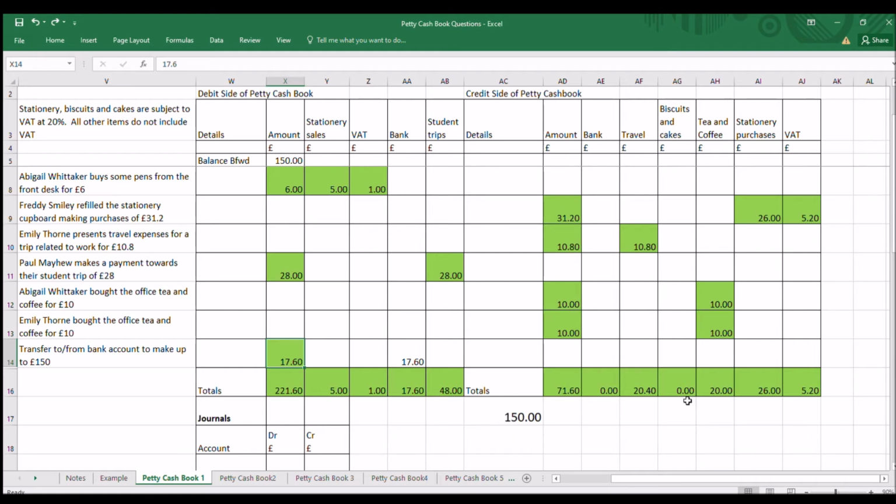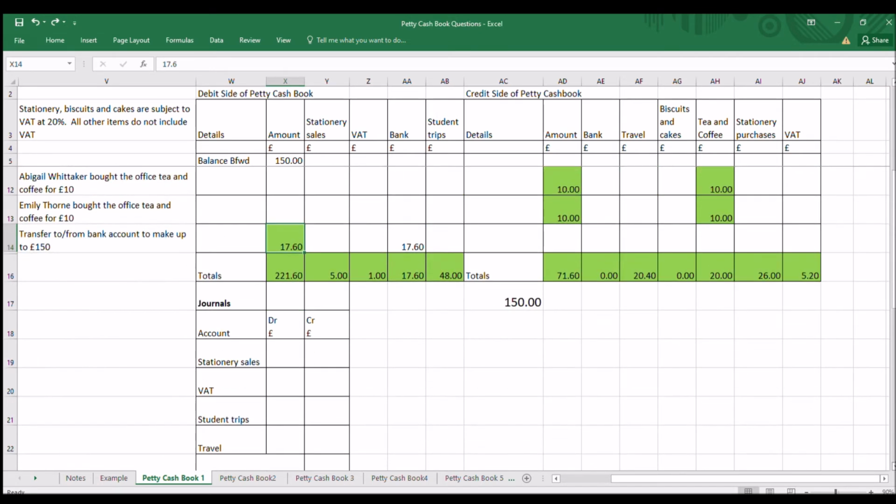Now we can produce the journals from that. These are going to be debit petty cash, credit whatever we're going to see. So let's start with stationery sales, credit the sales, 5. Then in terms of VAT, we've got debit VAT £5.20 and credit VAT £1, so it's debit £4.20 overall.